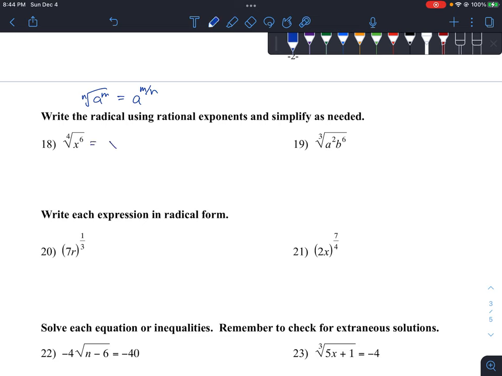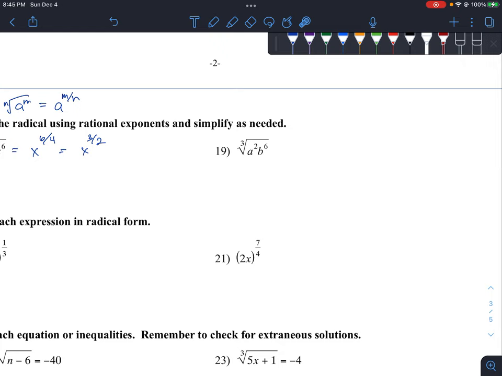So this is equal to x to the 6/4. Now, because that is a reducible fraction, I'm going to call that x to the 3/2. So that would be the second part, simplify as needed. Just remember the index number I can write as the denominator in the exponent.